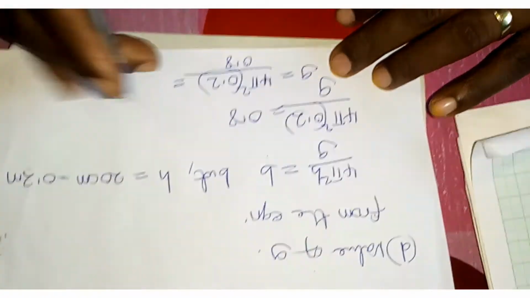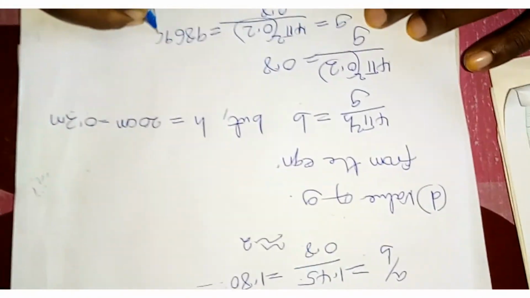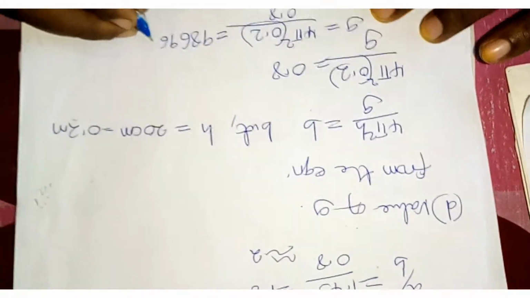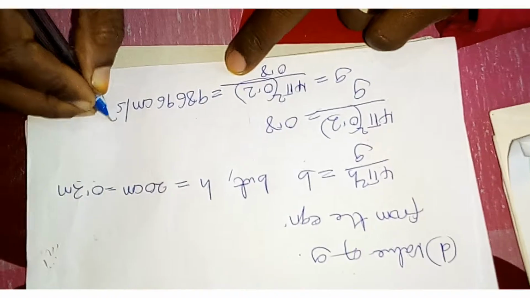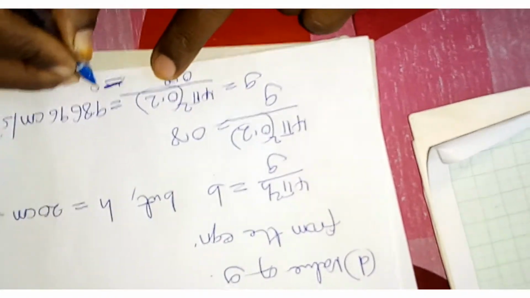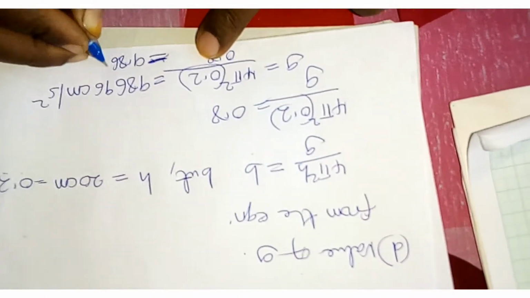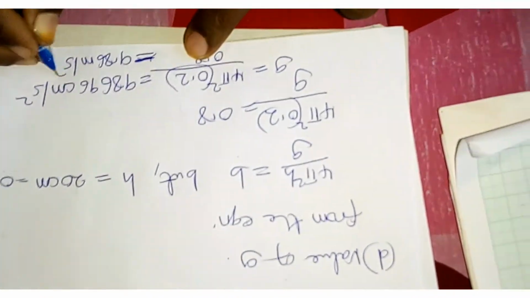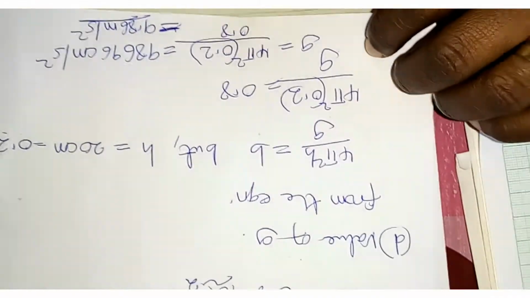This could result into 986 centimeter per second squared. So this is equal to 9.86 meter per second squared. It is the value of acceleration due to gravity.